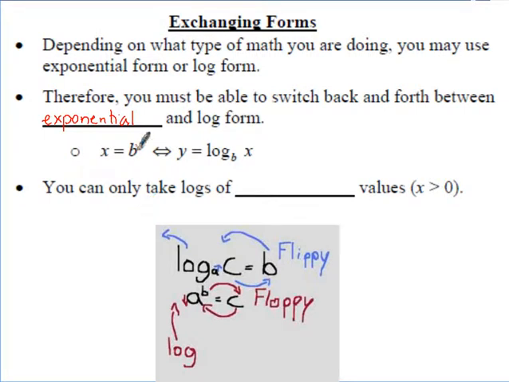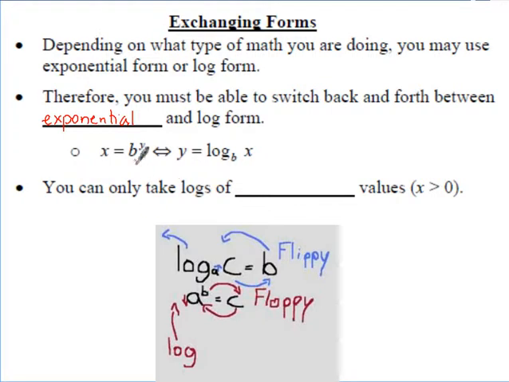If you notice, from this form to this form over here, in your exponential form, don't you have a b to the y here? But over here you have a y all by itself. So what did you get rid of, to go from this b to the power y to a y? What letter did you get rid of? You got rid of a b.